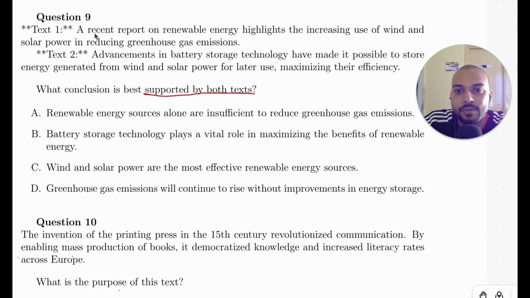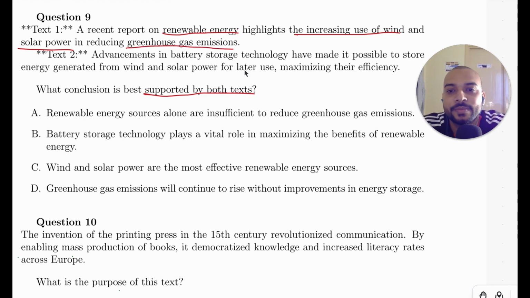A recent report on renewable energy highlights the increasing use of wind and solar power in reducing greenhouse gas emissions. Okay, text 2.